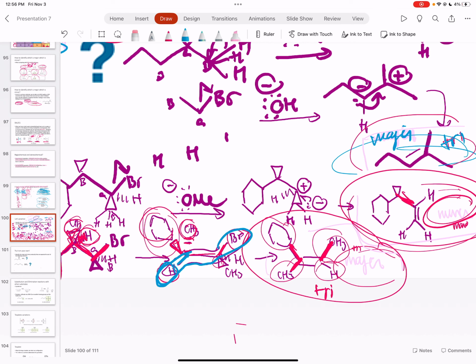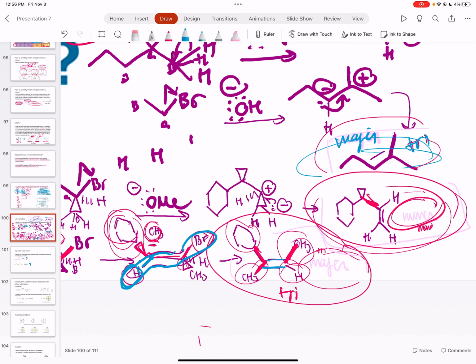So afterwards, if you can see, I have my cyclo on a wedge, so I put it up, and then I have my CH3 on a dash, so I put it down.